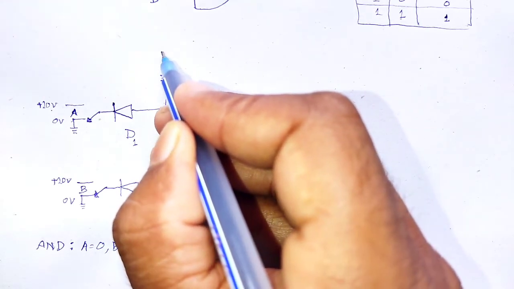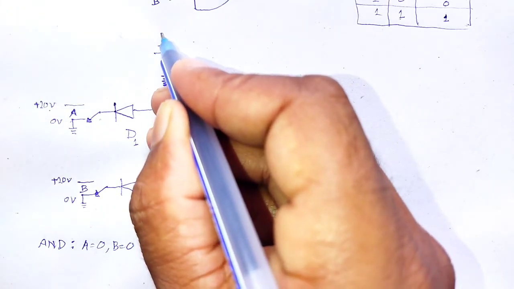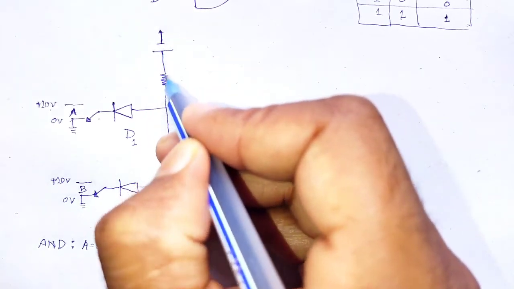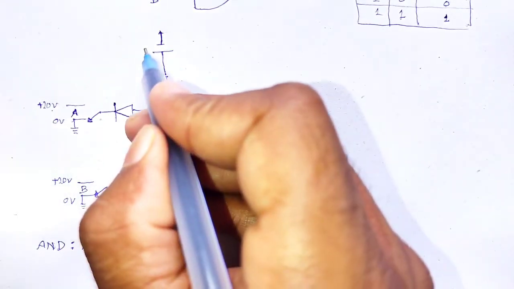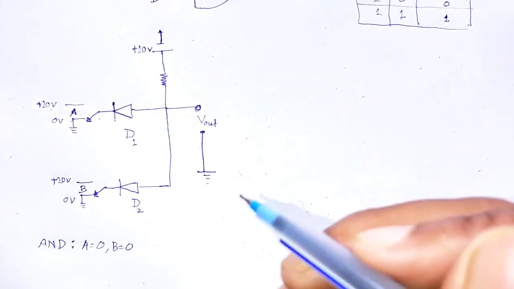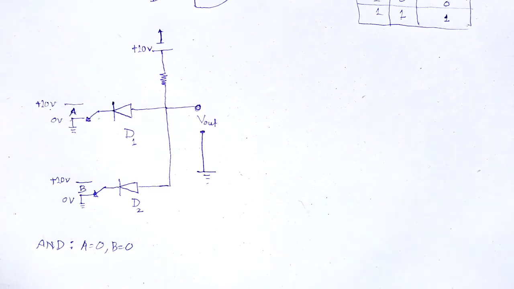What will be the potential drop across the resistor, with your 10 volt potential, when A is 0 and B is equal to 0? Both inputs are 0.